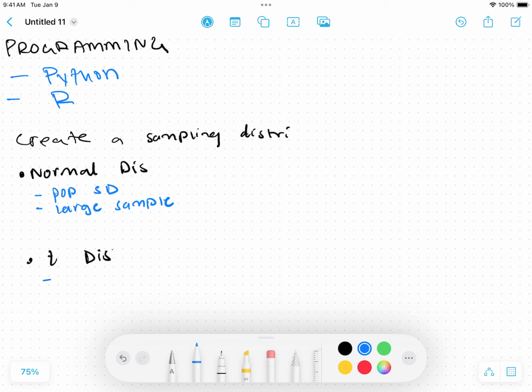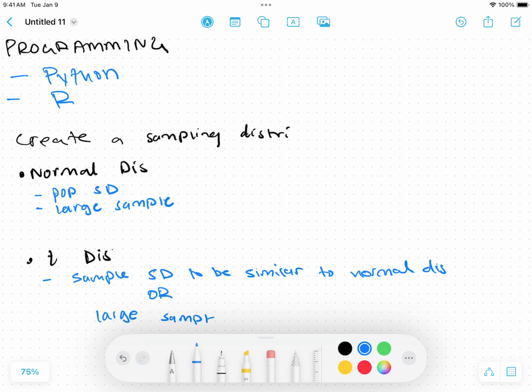For t distribution, we need the sample standard deviation to be similar to the normal distribution, or we need to have just a large sample size. Okay.